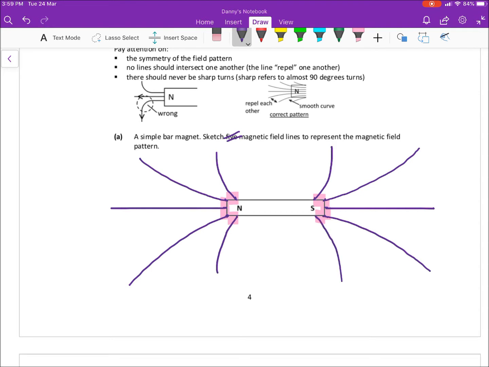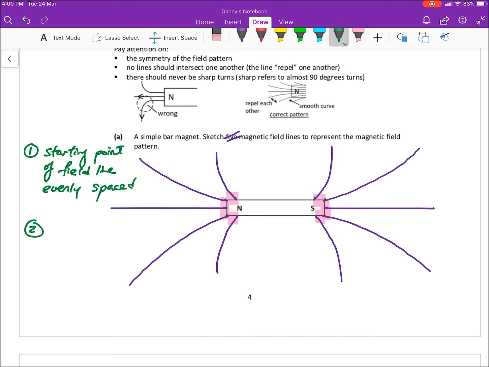The key thing is that there must be symmetry and the lines shouldn't cross. There will be one straight line. So there are 3 key points. Number 1, the starting point of your field line, referring to the pink highlighted part, should be evenly spaced.